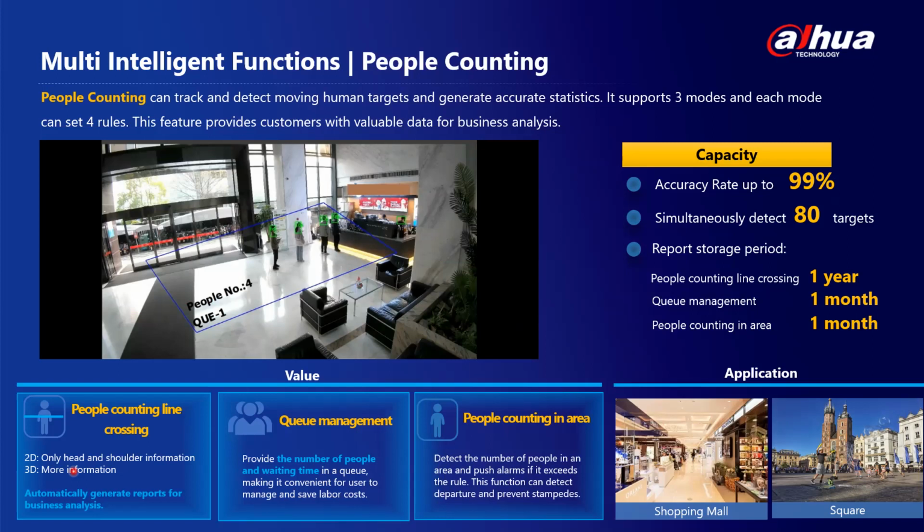People counting in an area can detect the number of people in an area and push alarms if it exceeds the rule. And this function can detect departure and prevent stampedes. So in this case, let's say, for example, we had this intrusion area here, this section drawn. Say that this area will only accommodate maybe 50 individuals.